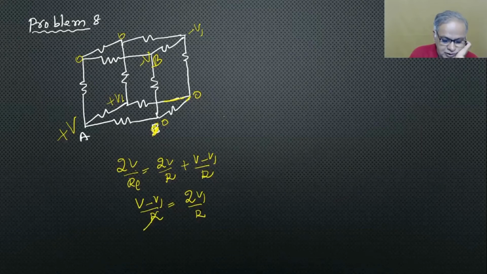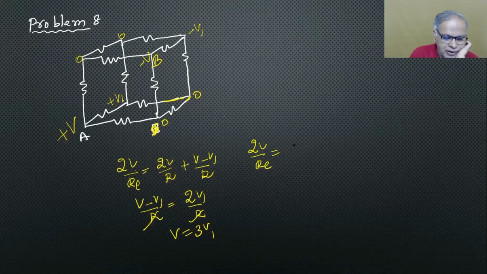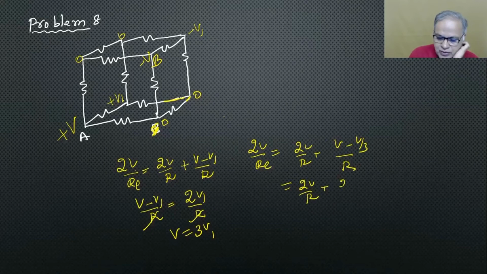So R going, V equals 3V1. Right? So 2V by R effective is equal to 3V1. Did we write it previously correctly? Yeah. 2V by R plus V minus V1, V minus V by 3R. So what do I get? 2V by R plus 2V by 3R.